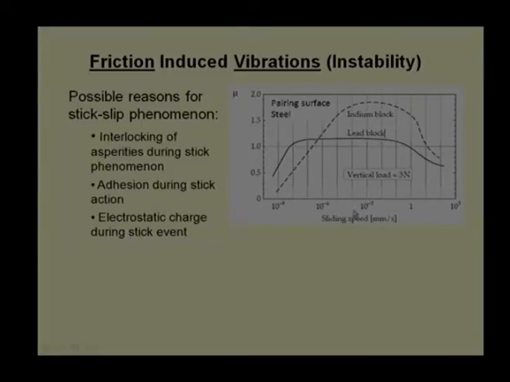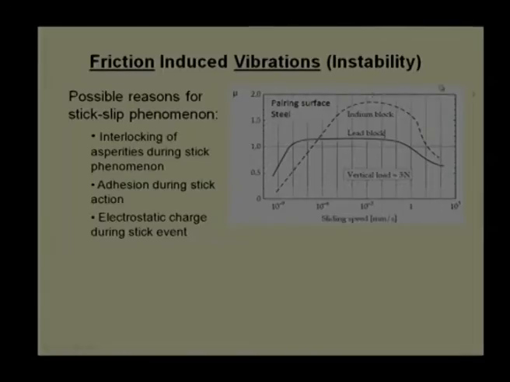So this micro sliding, if it is required in micro machines, we need to consider how velocity is affecting the coefficient of friction, and this is just the opposite. Coulomb said clearly that the coefficient of friction does not depend on sliding speed, but these micro-scale experiments clearly show that it depends on velocity.